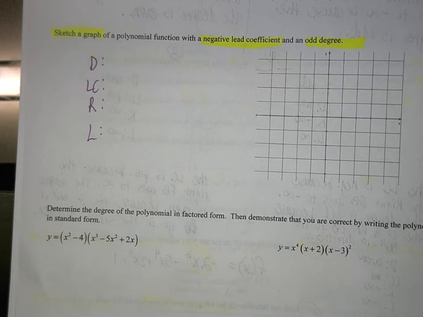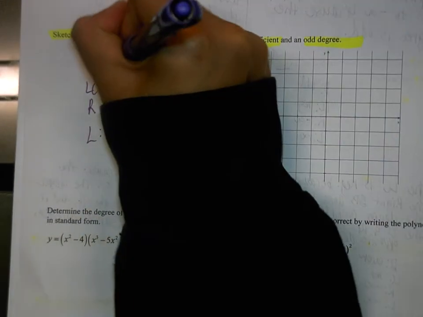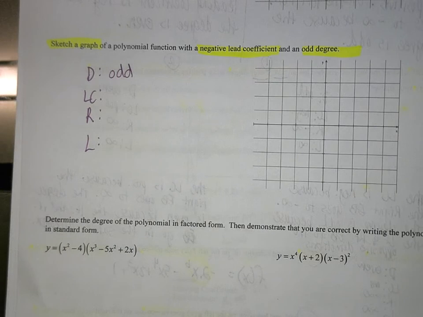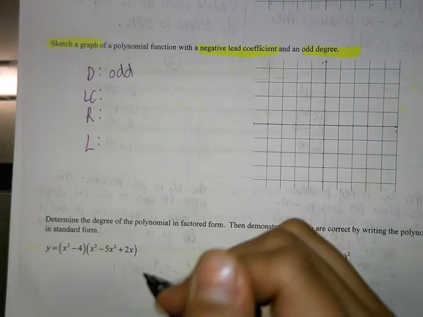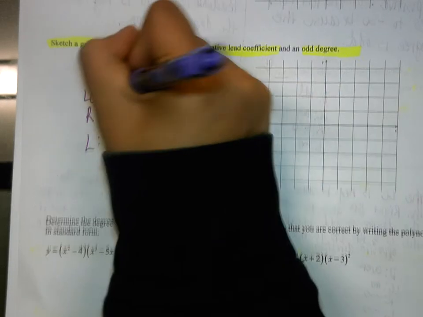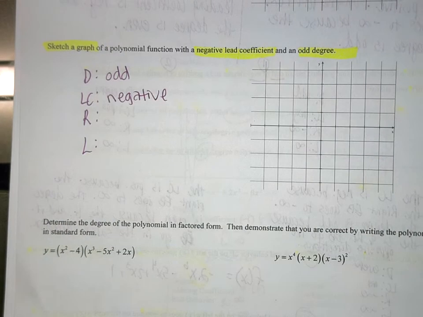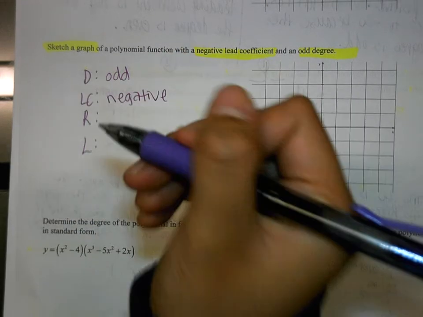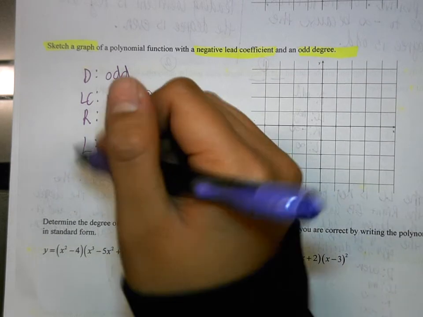Okay. So it's an odd degree because it tells us. And then the leading coefficient is a negative. And then since the leading coefficient is a negative, the right end behavior would be a negative.